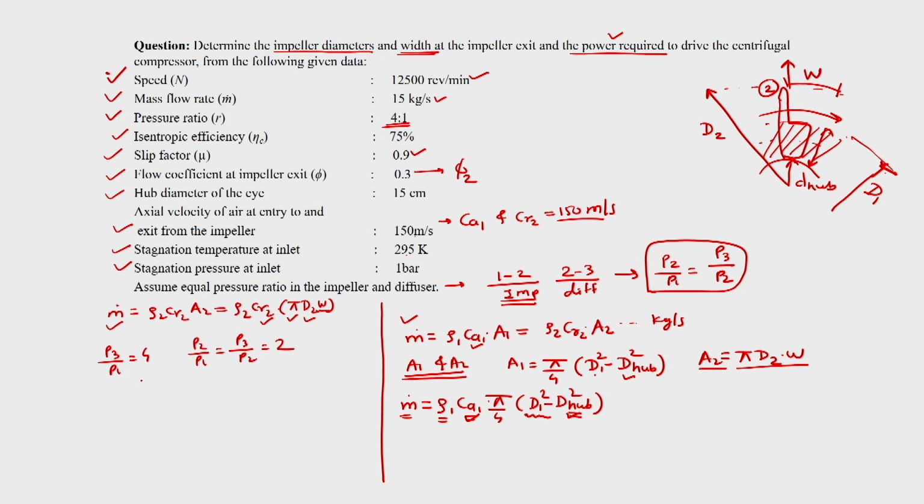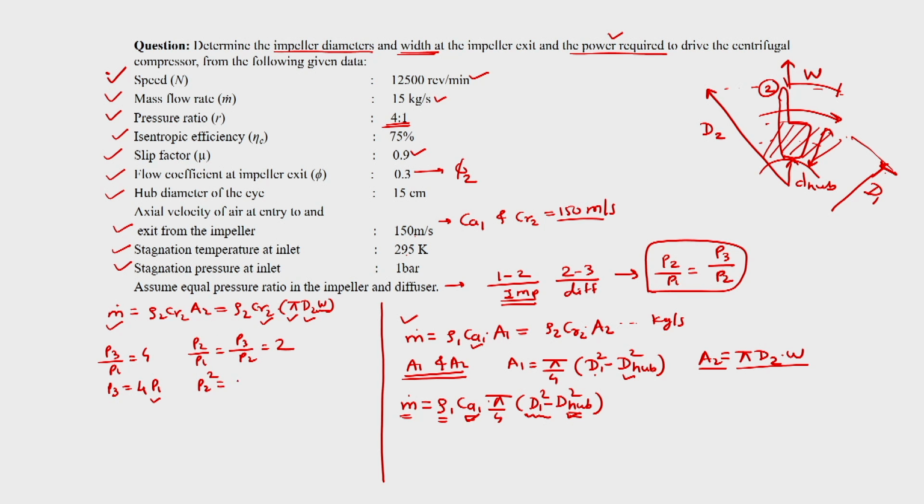So we know that P3 is equal to 4P1. P1 is known to us, so we can find out P3. Knowing this, we can find out P2.